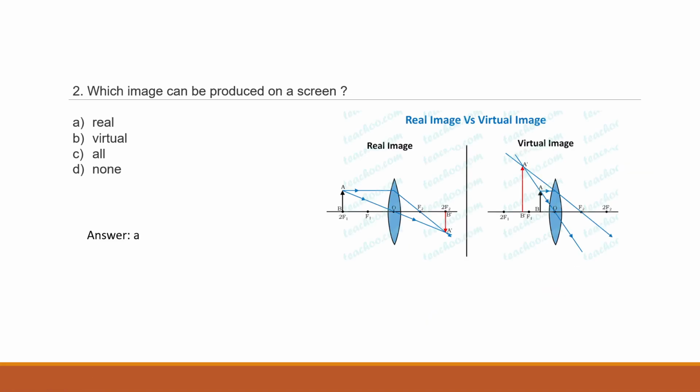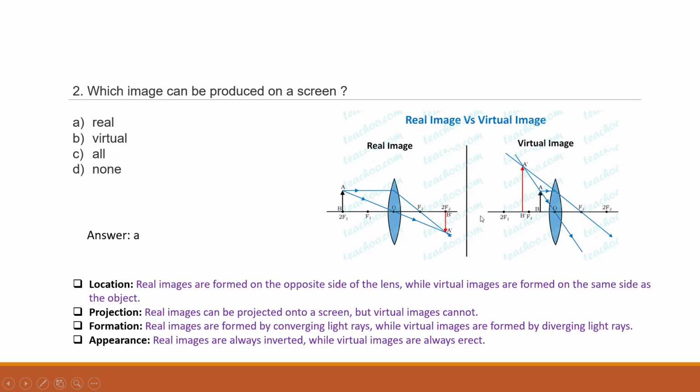Here you can see the difference between a real image and a virtual image. This is your lens. Your real image will be formed like this, and this is your virtual image. This depends on the type of lens you're using, or whether it is a mirror or a lens. Based on that, the formation of your image will change.